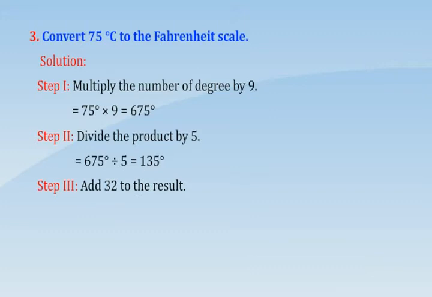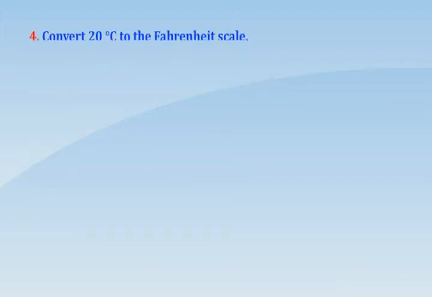Step 3. Add 32 to the result. 135 degrees plus 32 is equal to 167 Fahrenheit. Therefore, 75 degrees Celsius is equal to 167 Fahrenheit.